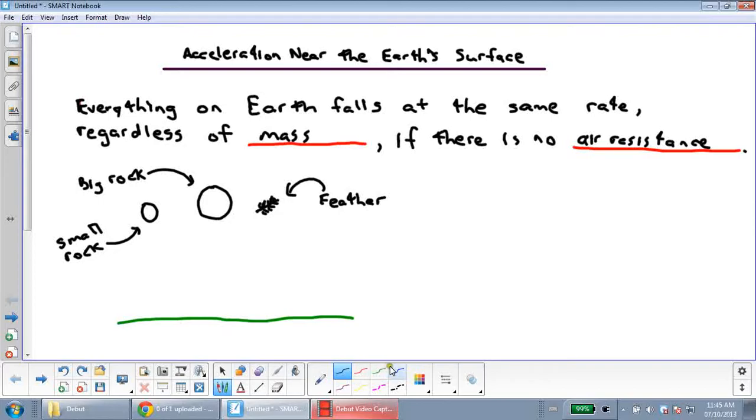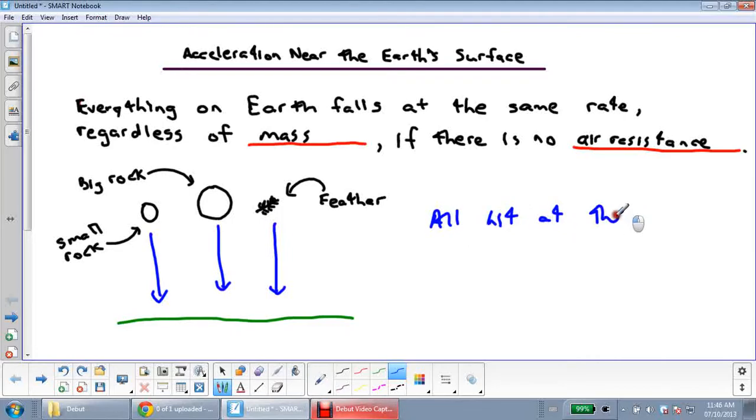These guys will all head down at the exact same rate. Boom, boom, boom. They would all hit at the same time, because gravity is pulling them all down at the same acceleration.